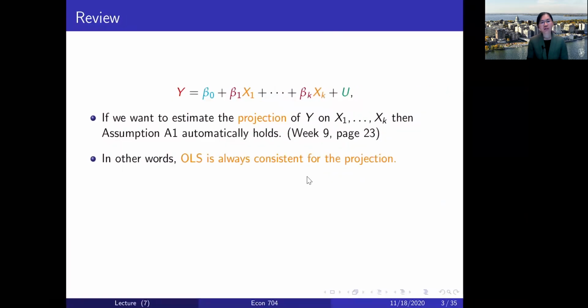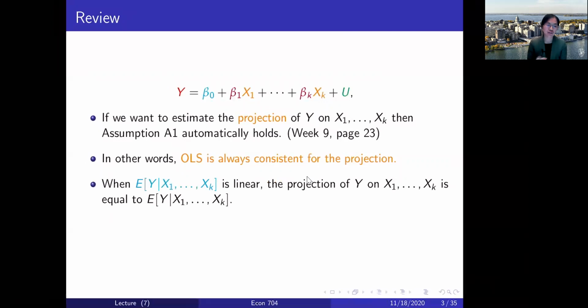In other words, because we assume A2 to A4 hold and A1 automatically holds for projection, that implies the OLS estimators are always consistent for the projection. The OLS always consistently estimates the linear projection of y on x1 to xk. But of course, whether the projection is an interesting object to study or not, that is another question.